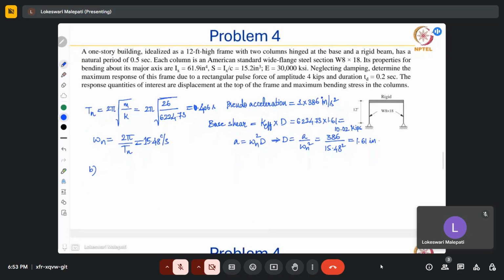And next we need to find out the base shear individually at both the columns. For this, let's first focus only on the short column. To find the shears, we can first find the end moments and then find the shear from there.